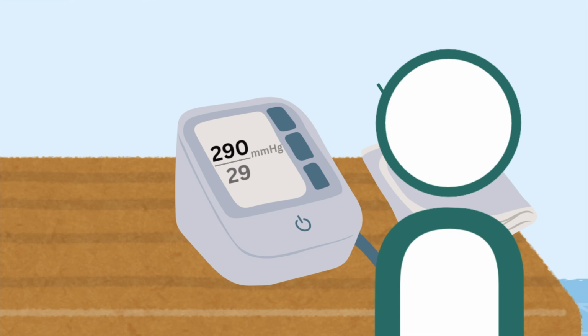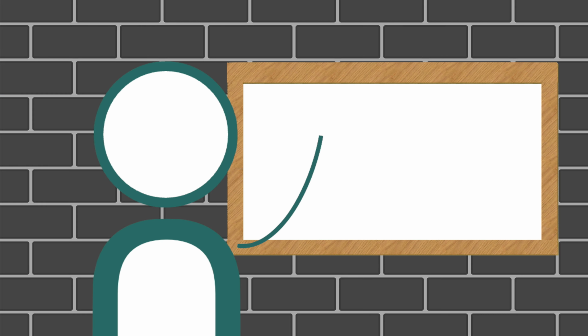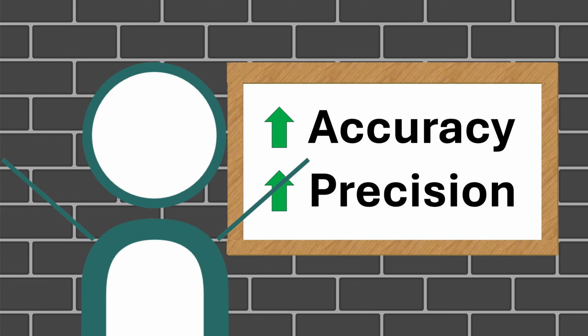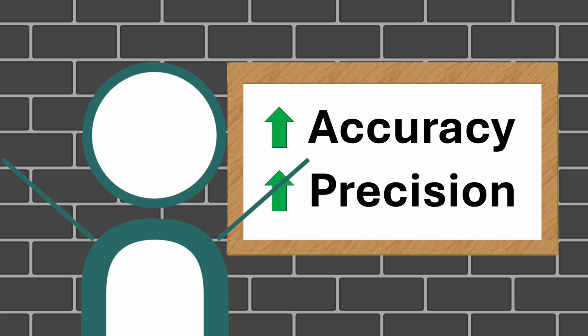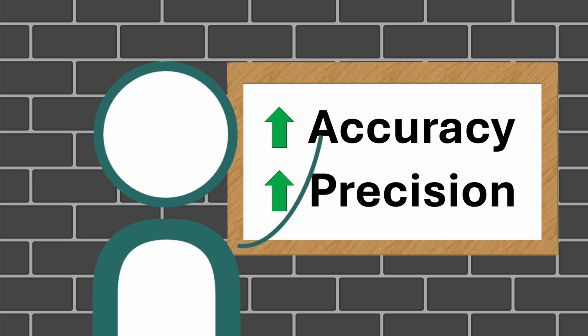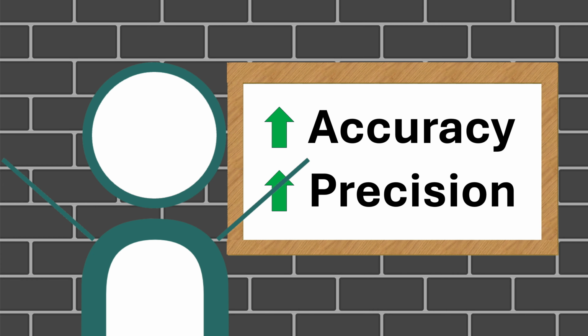repeated on another machine. The third situation is high accuracy and high precision. Here, your measurements are both close to the real value and close to each other.